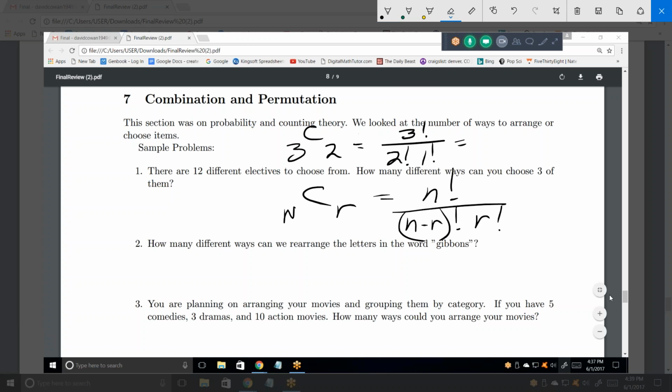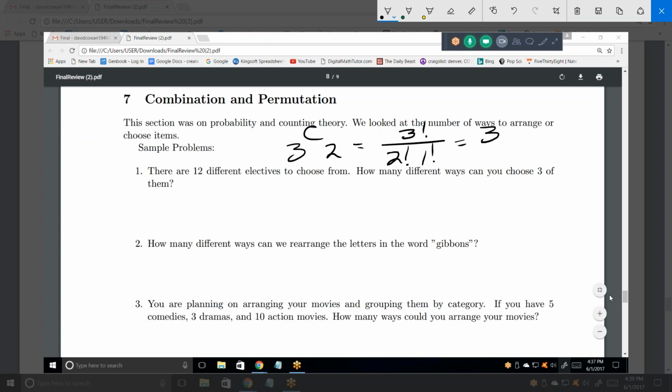Let's see if we can do these without the calculator. I know your calculator has a combination key on it, but you need to be able to understand what that means. First of all, what's 3 factorial mean? 3 factorial is 3 times 2 times 1.